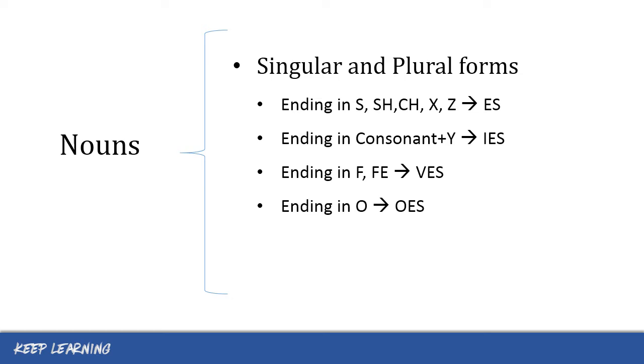If you have a noun ending with f or fe, you change the f or the fe for a ves. For example, wife, you say wives. And if you have a noun ending with o, you change the o for oes, right? And that's what you do.